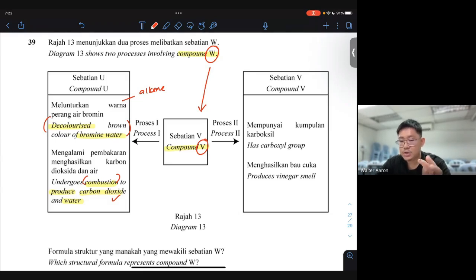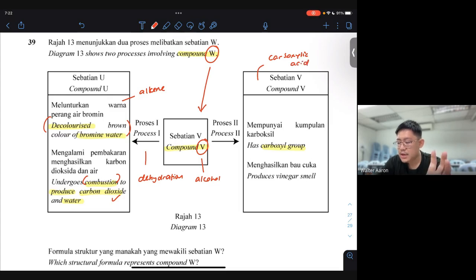And since compound U is an alkene, process 1 is supposed to be dehydration, which technically means that W or V over here should be an alcohol. To further confirm my theory, after it undergoes process number 2, compound V has a carboxyl group, which tells you that compound V is a carboxylic acid.